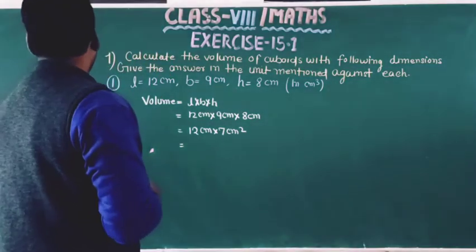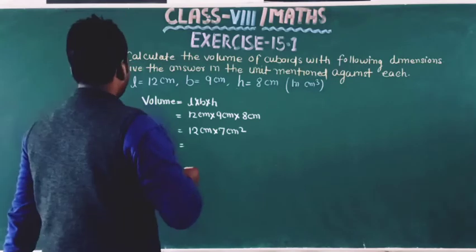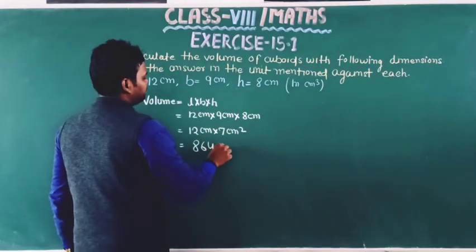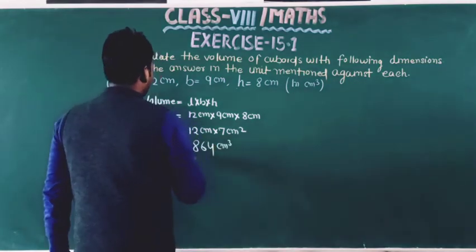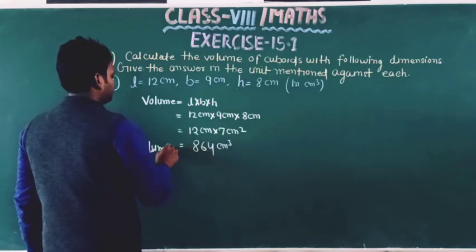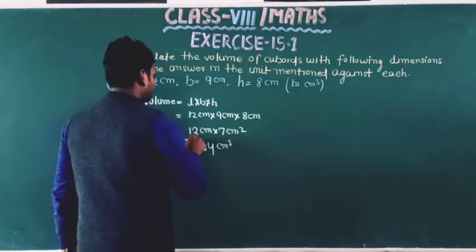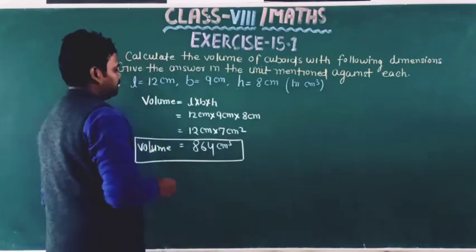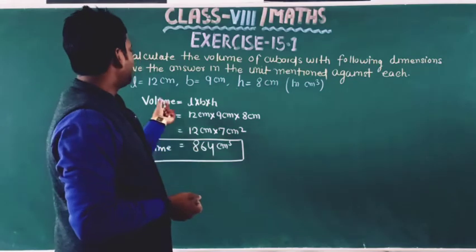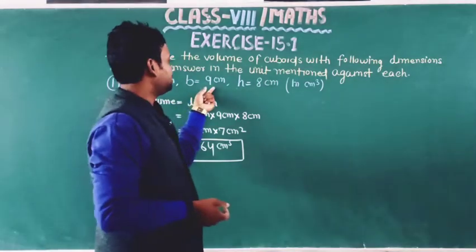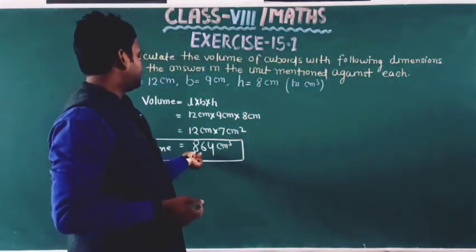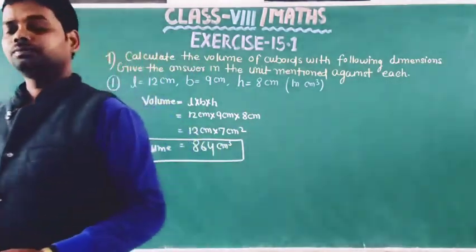So we will get product of 12 into 72 is 864 centimeter cube. Okay, so therefore the volume of the cuboid whose length is 12 and breadth is 9 centimeter and height is 8 centimeter is equal to 864 centimeter cube.